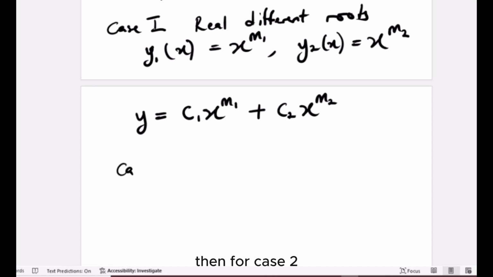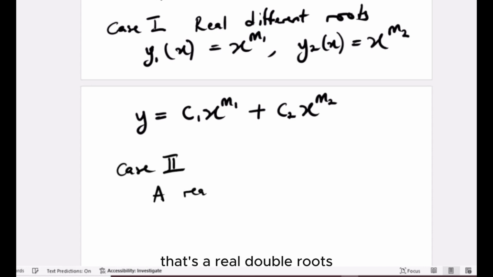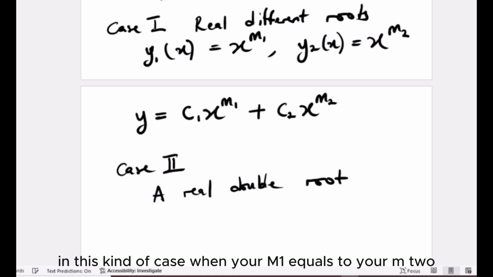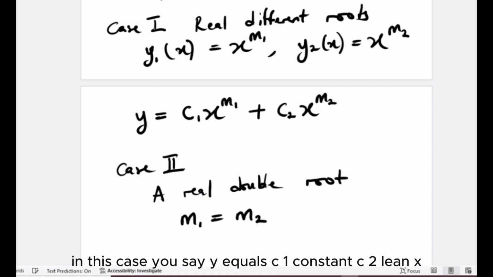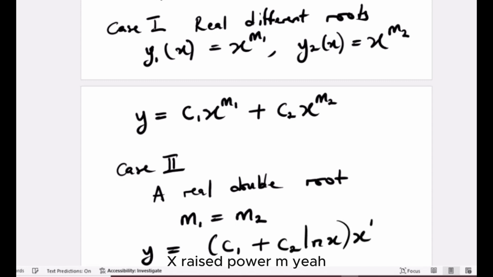Then for case 2, that's a real double root. In this kind of case, when your m1 equals your m2, in this case, you say y equals c1 constant, c2 ln x, raised to power m.